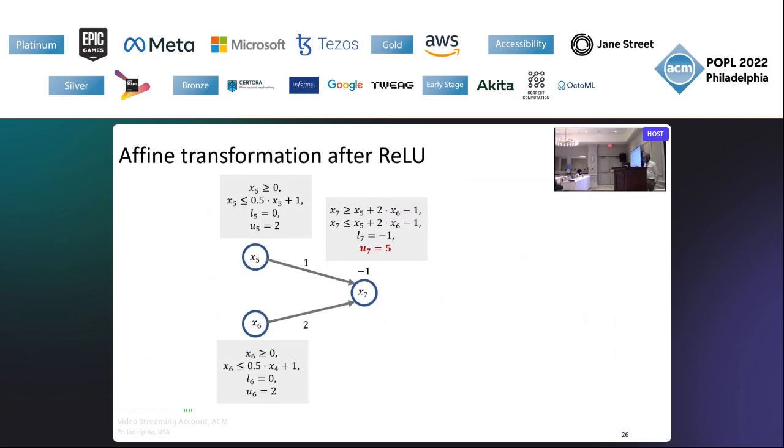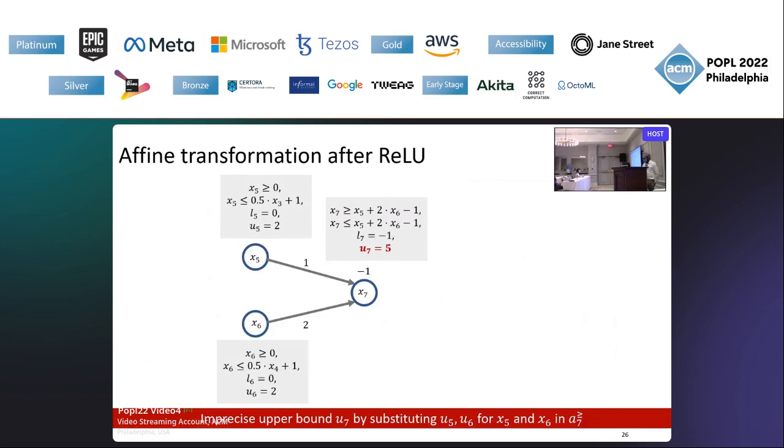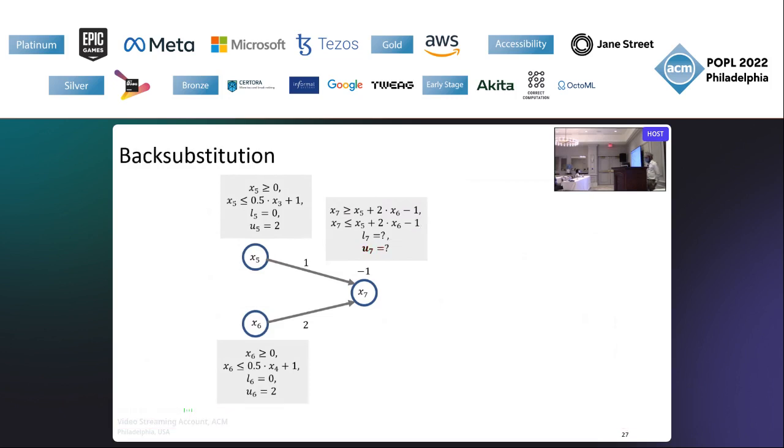So we have a specialized method to compute these bounds for the neurons that are input to a ReLU as precisely as possible, but also very fast. And that is called back substitution. And how does it work? Because x7 is defined in terms of x5 and x6, you can use the constraints for x5 and x6 and plug them into this formula.